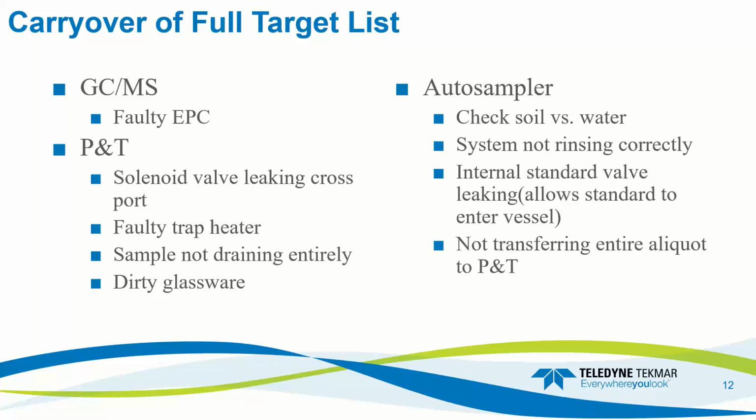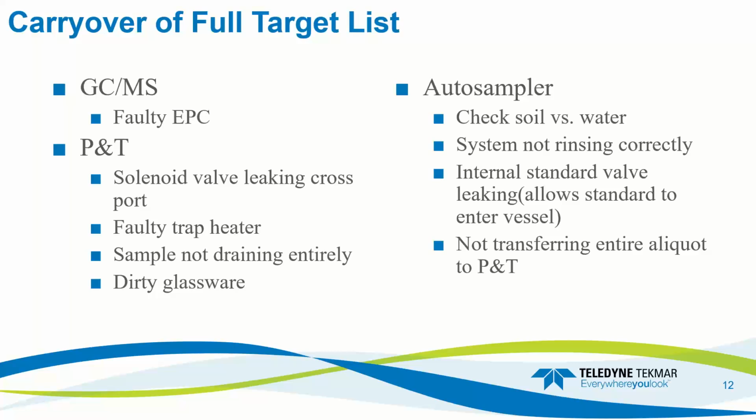For example, if you see carryover in the water sample but not in the soil sample, the carryover could be coming from the glassware. If it's in the soil sample and not in the water sample, it could be in the soil valve or the needle or the soil sample lines.